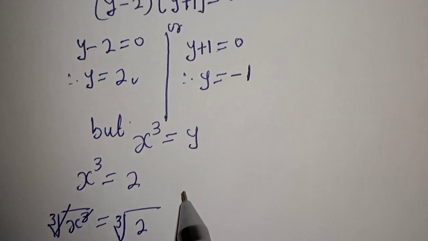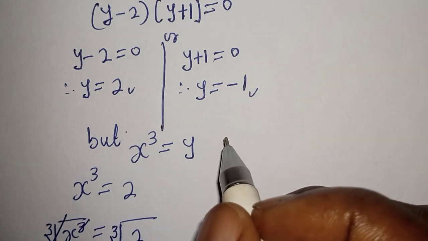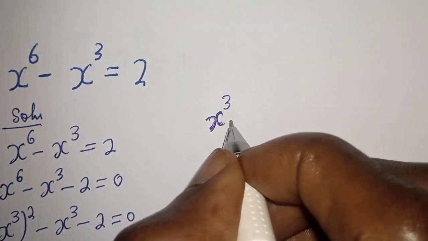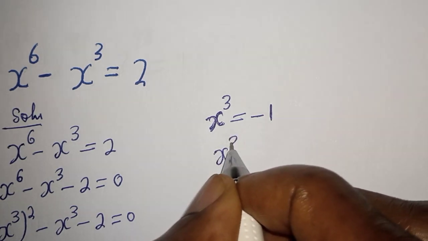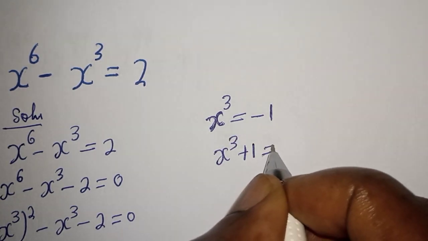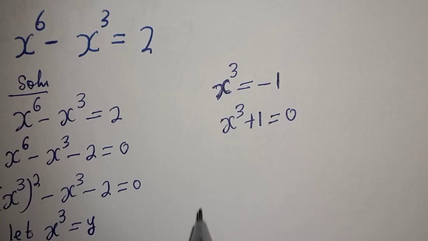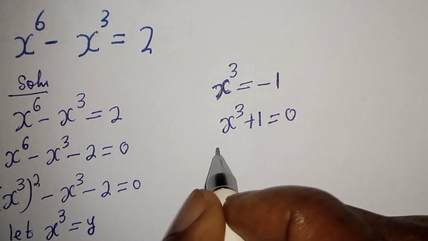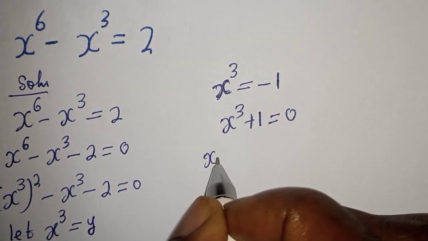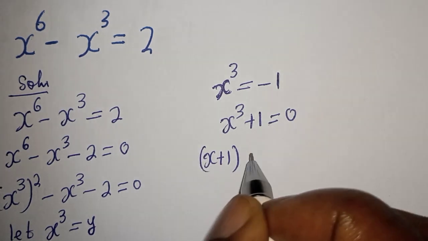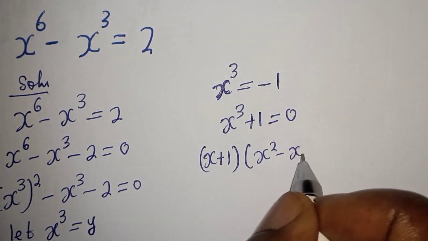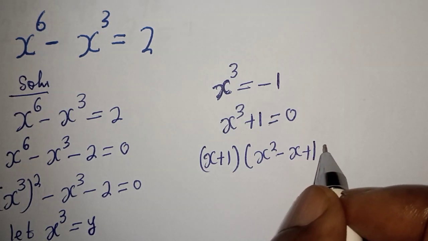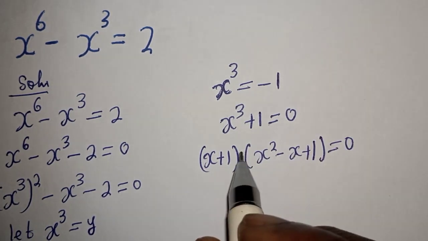And from here, s raised to power 3 is equal to minus 1. Then s raised to power 3 plus 1 is equal to 0. So this is the same thing as s plus 1 bracket s squared minus s plus 1 is equal to 0.